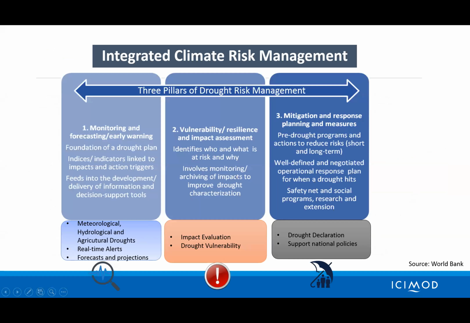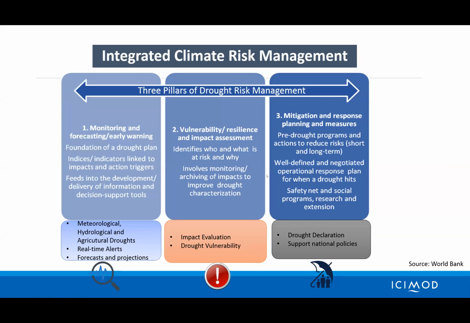Again, when we are talking about drought risk management, we can look into three pillars. One is monitoring and early warning systems. The other is looking into vulnerability, like whether there is enough capacity in local systems to deal with it, or resilience, and that is the second pillar, identifying the vulnerabilities of the communities.